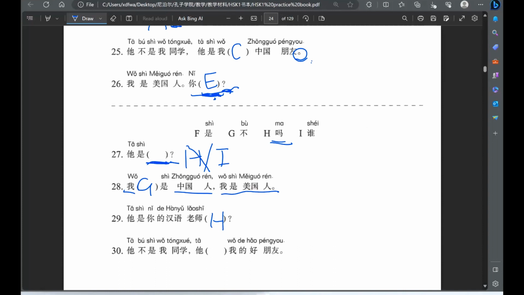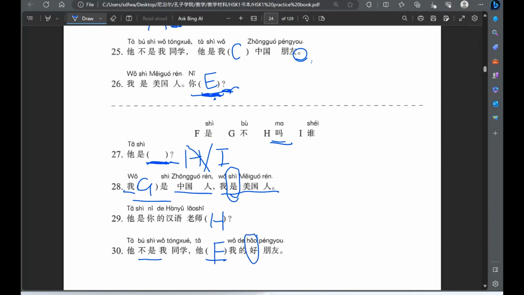Question 30. 他不是我同学. He is not my classmate. So who is he? Just like question 28. Question 28 is given the sentence in the positive way, and we put a negative here. Question 30 gives the negative part of the sentence, and we need to write the positive part. 他不是我同学，他是我的好朋友。好 How do you still remember?